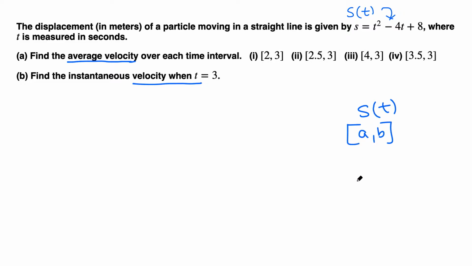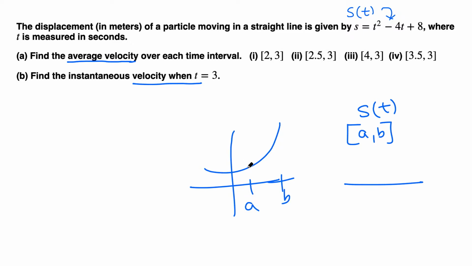So let's say this is the position or the displacement, and this is the time interval. Here is the displacement at A, and here is the displacement at B. If we join these, this is rise, this is run, and that gives the average velocity.